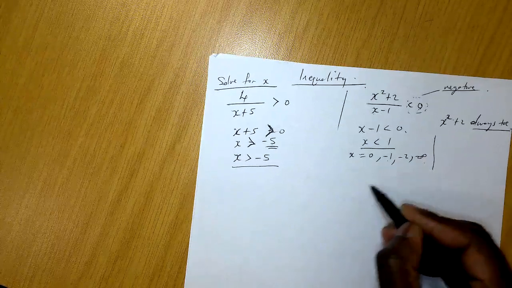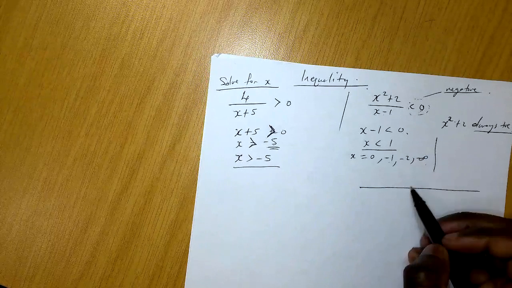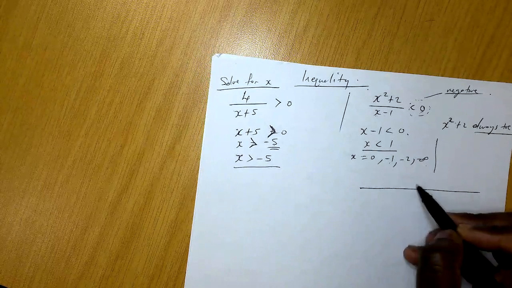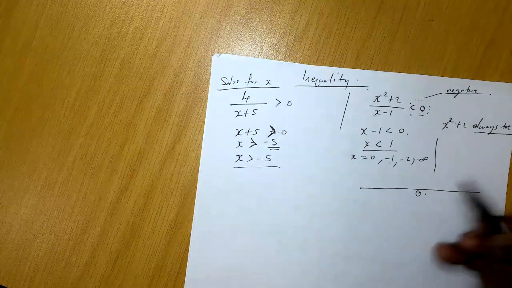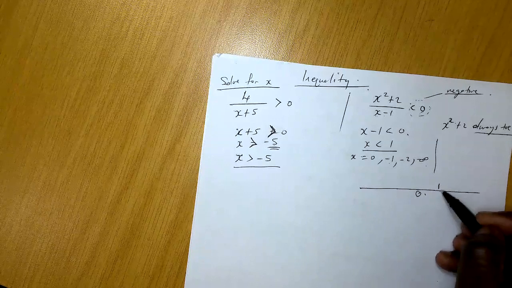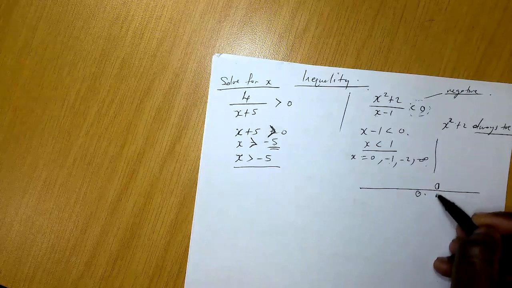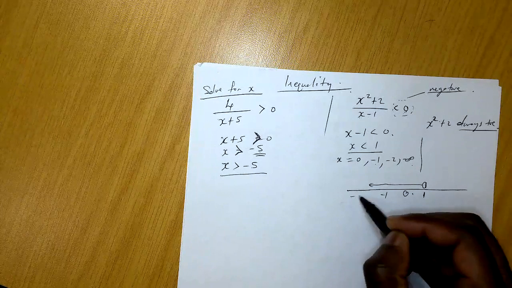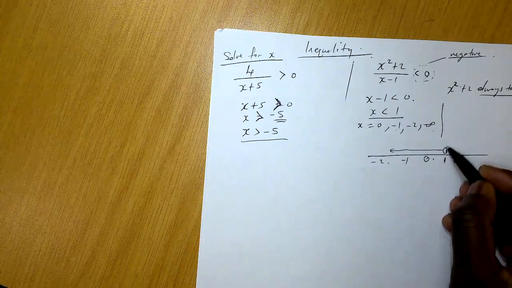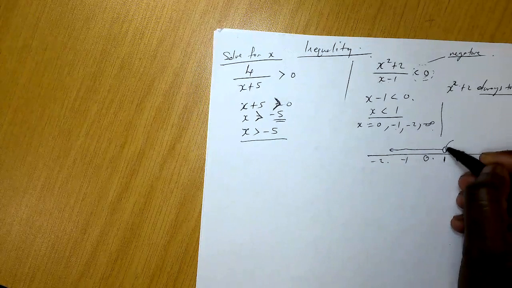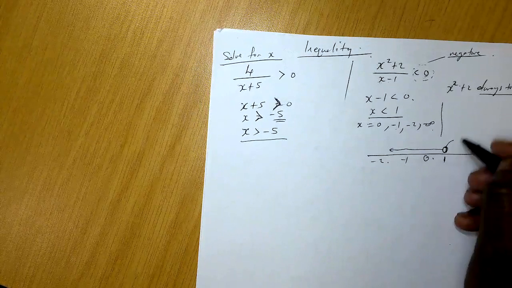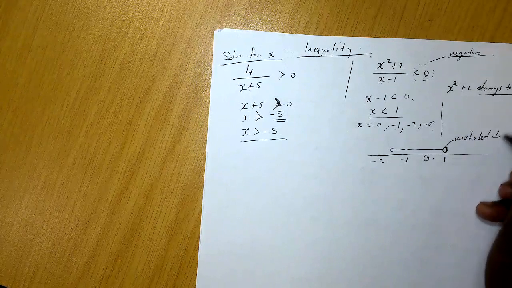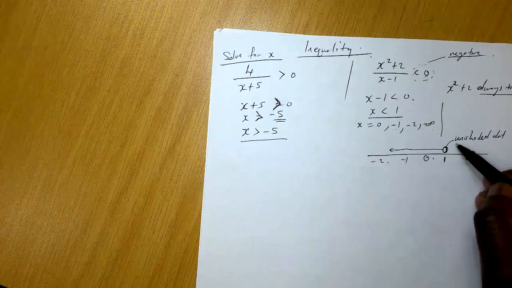Then if you are to present it on a number line, remember, you need to know that here is 0, and they've got 1 here. So we have our circle here, and we are saying it must be less than 1. An unshaded dot means that we are not including 1.